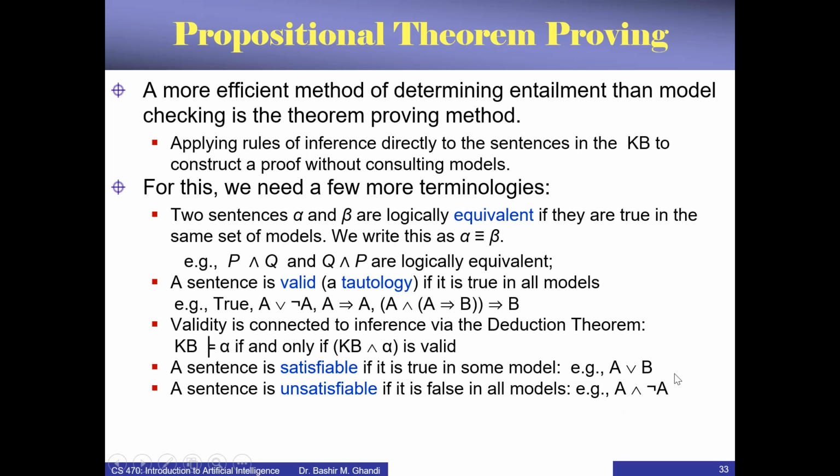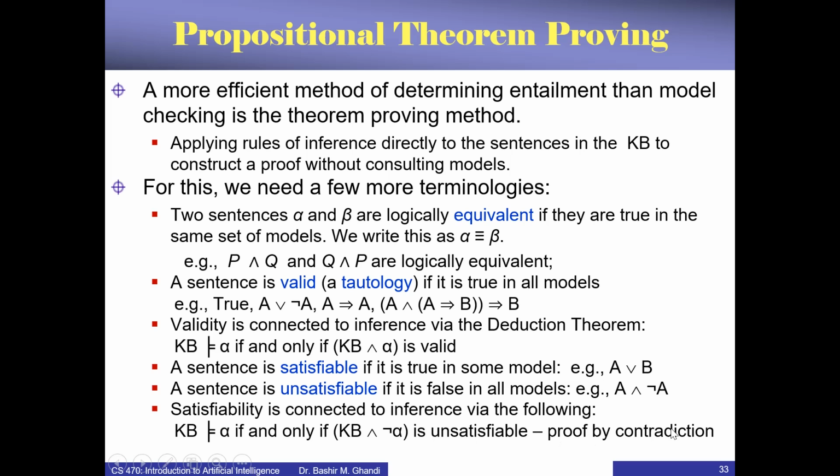If you AND them, you're going to get an empty set. So it is not satisfiable. It is not possible for A to be true and not true at the same time. You will get false.